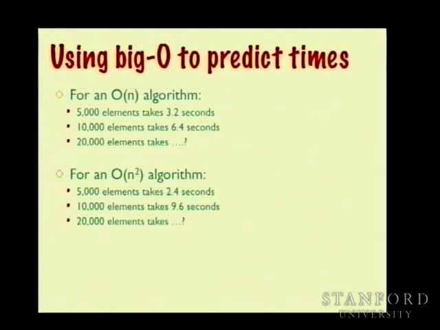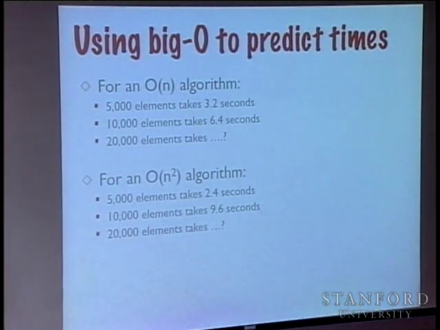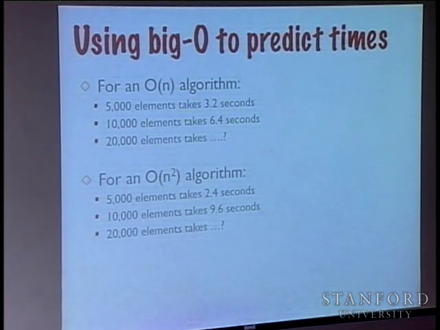But as I get to larger and larger values of n, the fact that it is going by a factor of 4, the square of the doubling, as opposed to linear, means it's going to quickly take off. So I take my 5,000 elements that took 2.5 seconds, put in an input twice as large, and it's going to take a factor of 4 from there.